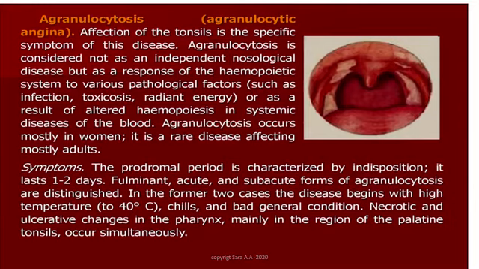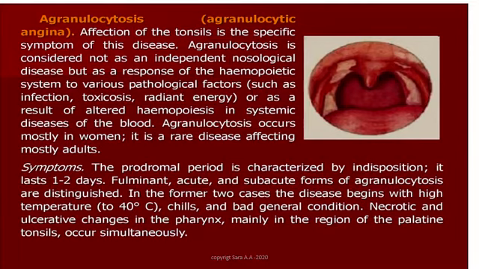The symptoms of agranulocytic angina: the prodromal period is characterized by indisposition and lasts 1-2 days. Phlegmonic, acute, and subacute forms of agranulocytosis are distinguished. In the former two cases, the disease begins with a high temperature, chills, and bad general condition.